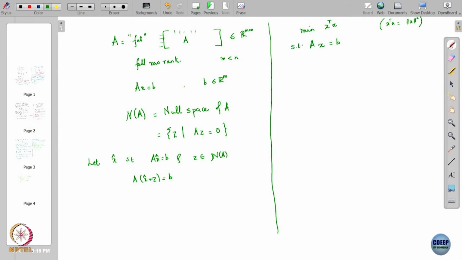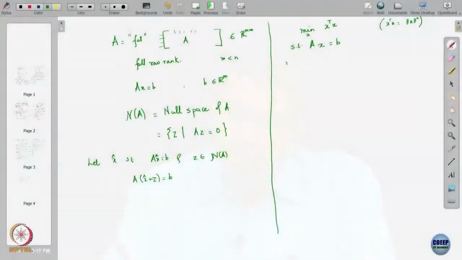So, we have this problem. Okay. Now if A is in R m cross n, how many variables are we optimizing over? You have n variables here, x is in R n, right, n scalar variables. How many constraints do we have?